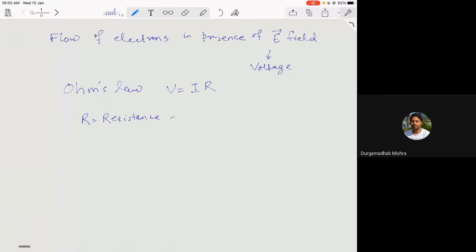which actually depends on the dimensions of the material using this following relation, where rho is your resistivity, L is the length, and A is your cross-sectional area.